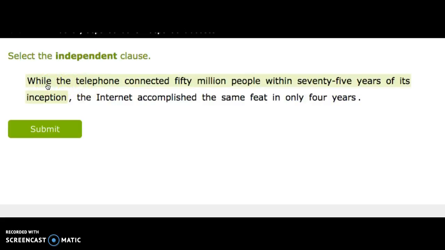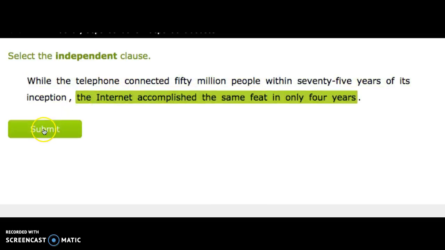It's also functioning as an adverbial clause because it's answering a question: why, or to what extent, or when. In this case, it seems to be answering the question when or to what extent. So the answer for this one is a dependent clause.